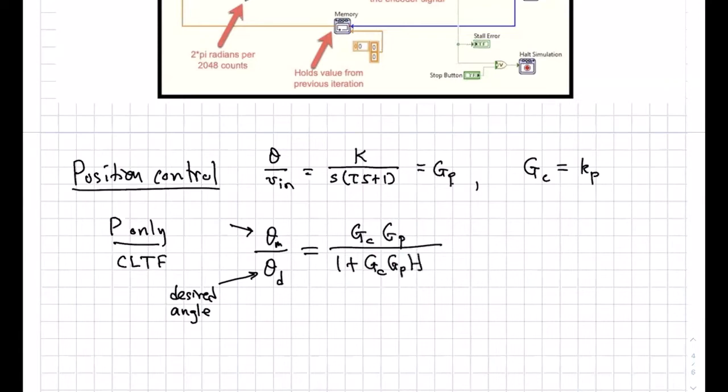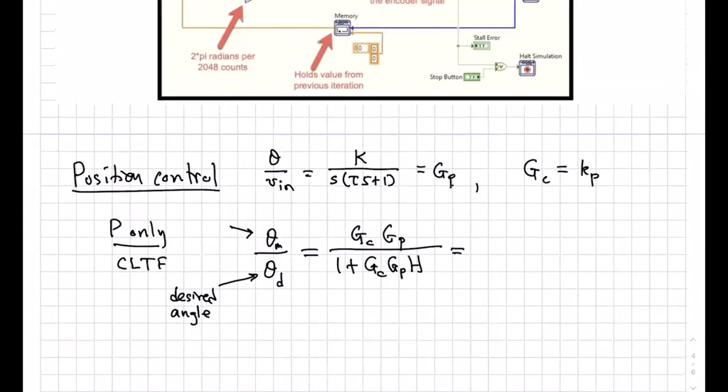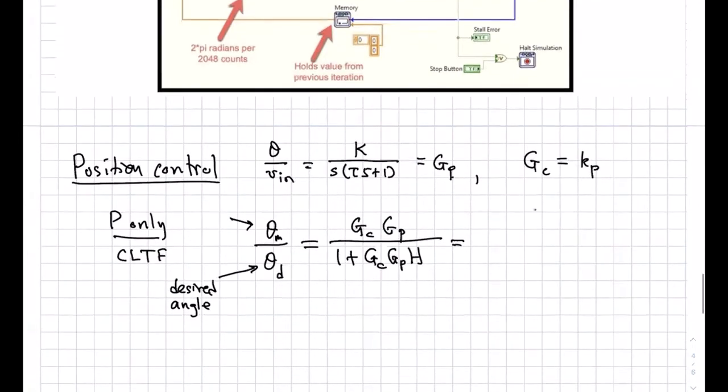Linear control analysis and design is so nice because you plug in transfer functions and can make nice predictions. I'm going to let you do the algebra. You can show that you get little K, and I'm just showing the end result because you can do the algebra.